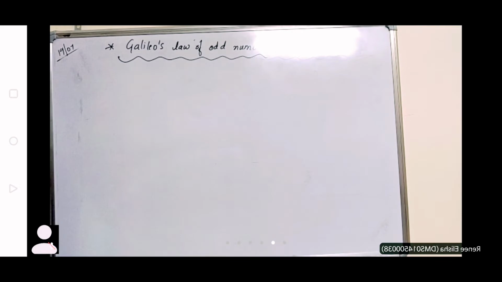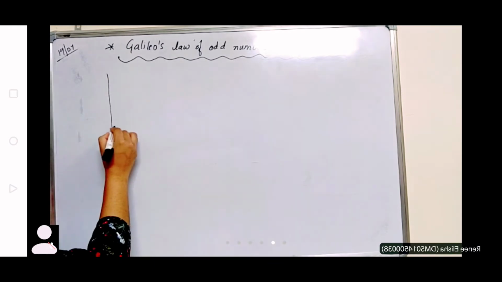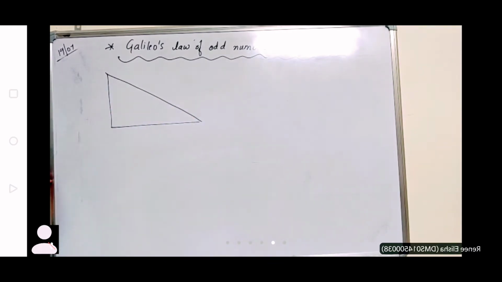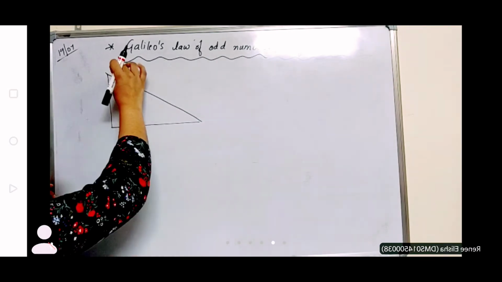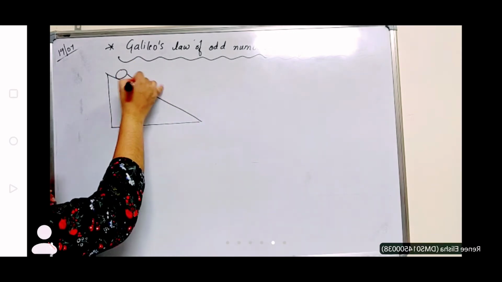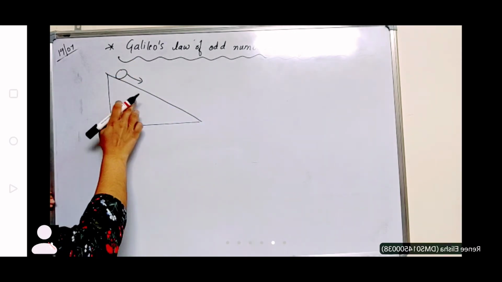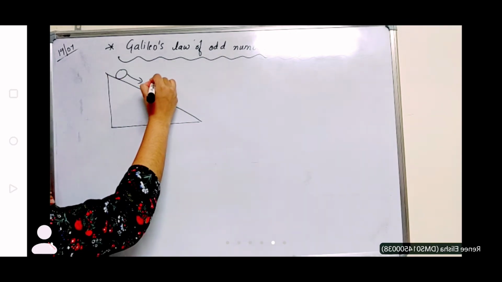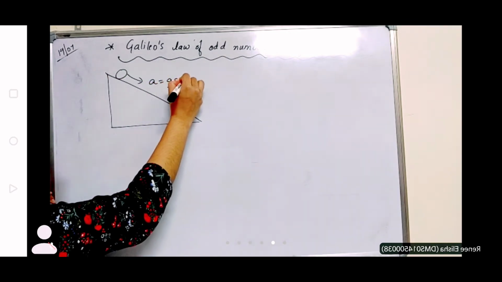When I'm considering Galileo's law of odd numbers, he took one inclined plane, and in the inclined plane he kept an object. When an object goes down, definitely its velocity changes and acceleration comes into the picture. He said when the ball moves on an inclined plane, the acceleration is nothing but g sine theta.